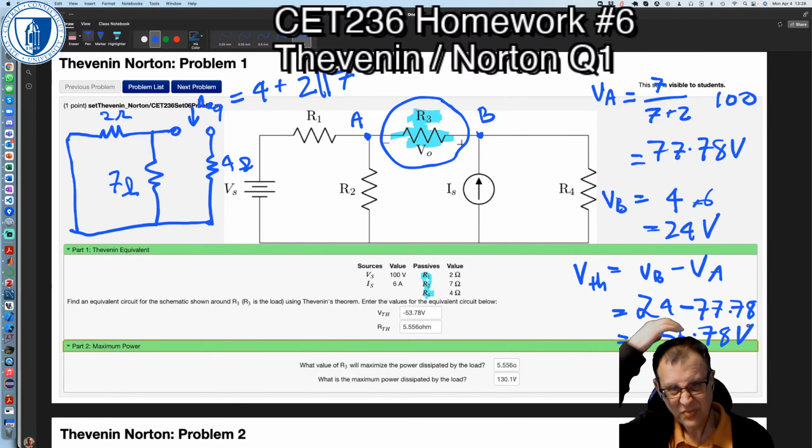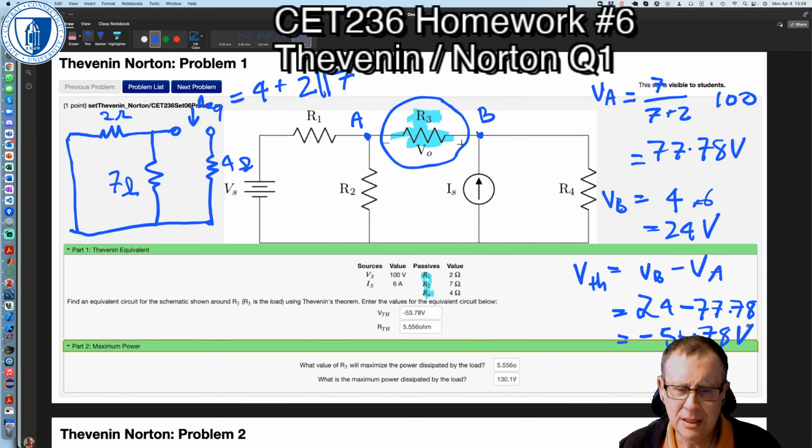Okay, now the next part, maximum power. Remember, maximum power transfer theorem says that the load resistance has to equal the Thevenin resistance. So we just copy RTH into that, and that should tell us what it is. And then the maximum power dissipated by the load.